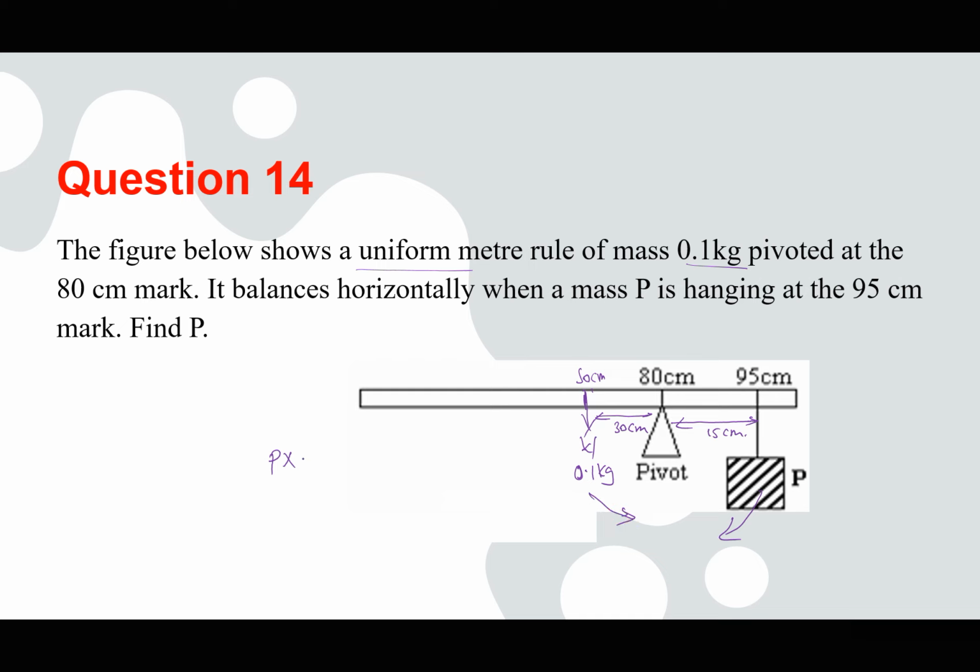So P times the perpendicular distance, which is 15 centimeters, should be equal to 0.1 kilograms times the perpendicular distance, which is 30 centimeters. So P is going to be equal to 0.1 kilograms times 30 centimeters divided by 15 centimeters. So this gives us 0.1 times 30 divided by 15. So P is going to be 0.2 kilograms. As simple as that.